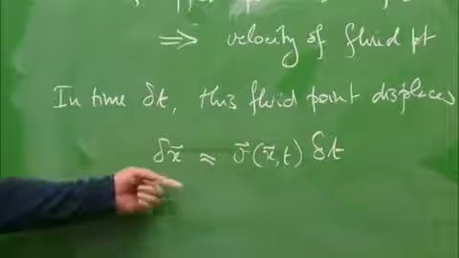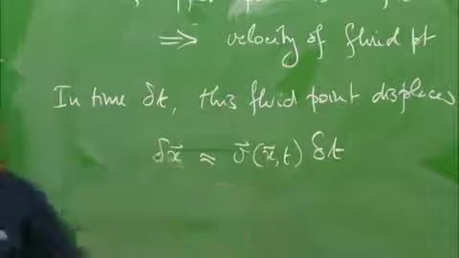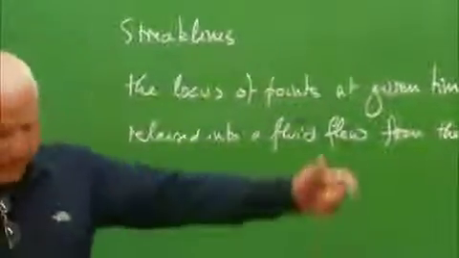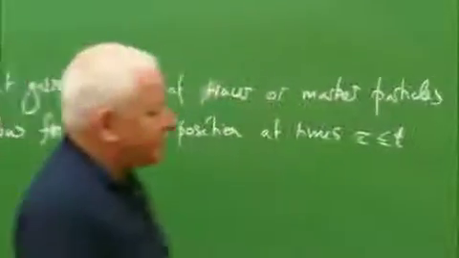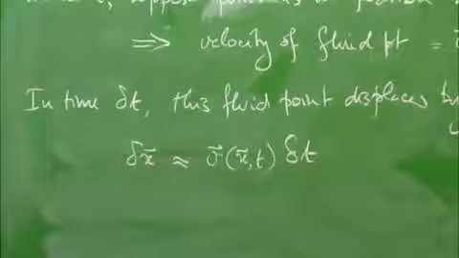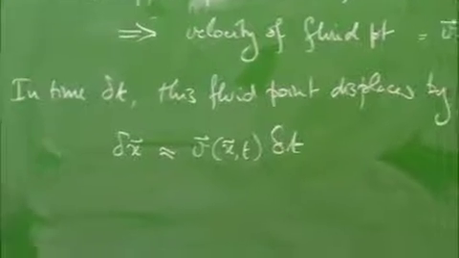I say approximately because, if the velocity field is changing with position as you displace, then the trajectory will not be a straight line. But we will get the right answer when we take the limit as delta t goes to 0 eventually, and so this approximation will become accurate.